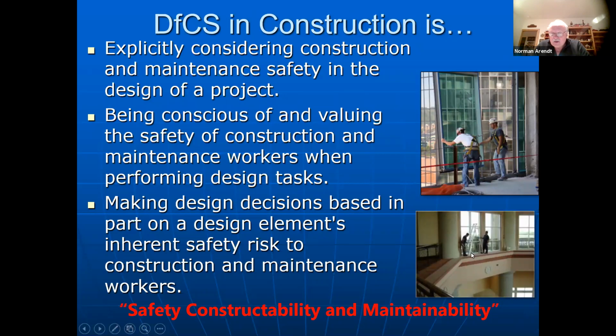They could have easily made this wider or made some different type of design in here to make it easier to wash the windows. In the upper picture right above it, placing windows in a new building where they have to reach out over the edge to do it. Safety, constructability, and maintainability is what we're looking at. These are not safe practices.